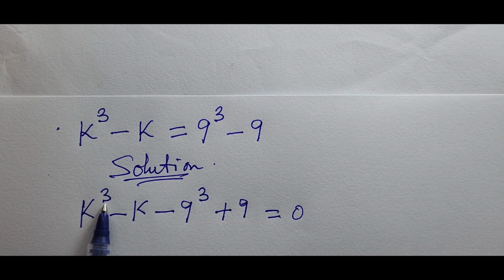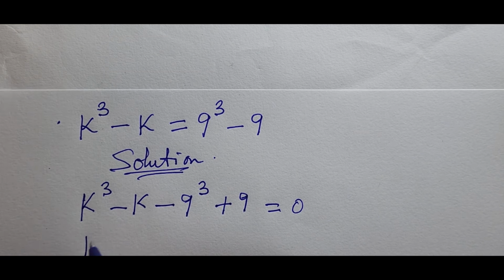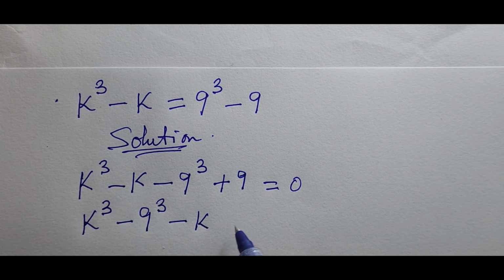Here we have k to the power of 3, and here we have 9 to the power of 3, so let's bring these together. This gives us k to the power of 3, minus 9 to the power of 3, then minus k, plus 9 equal to 0.